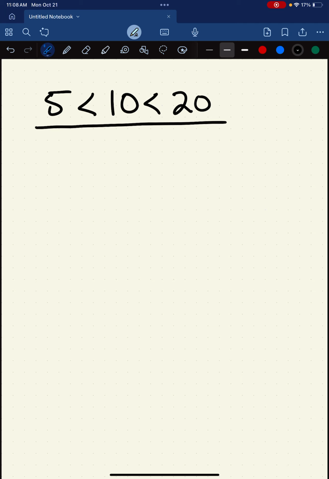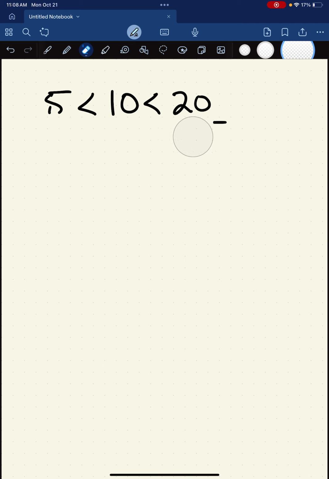We can actually chain these together. So let me give you an example. The number 10 is going to be less than 20, but it's also greater than 5. So you can see that we have this triple thing here, and there are a few different ways to read it.